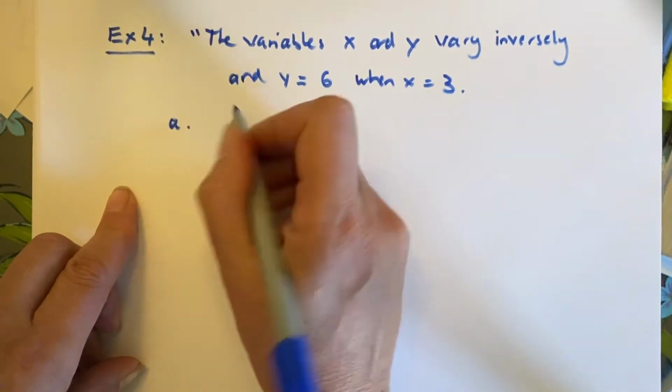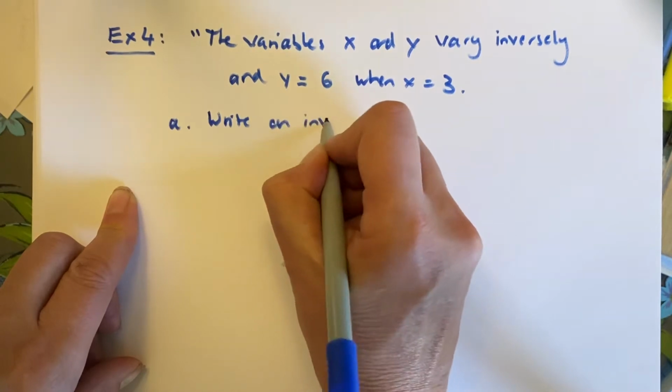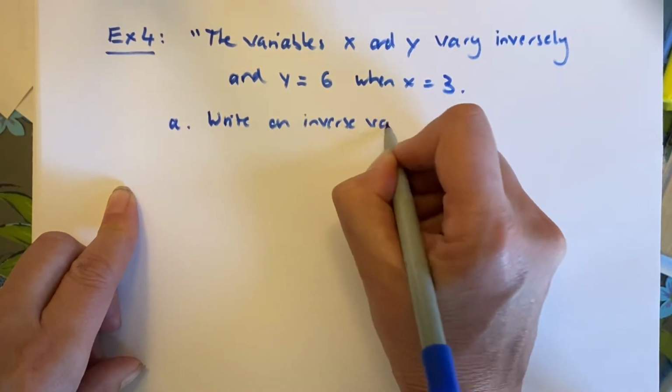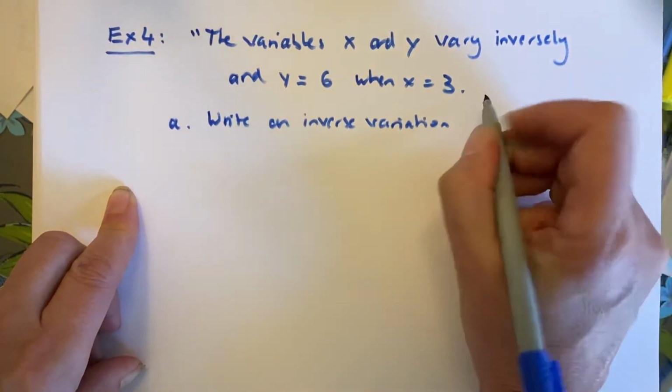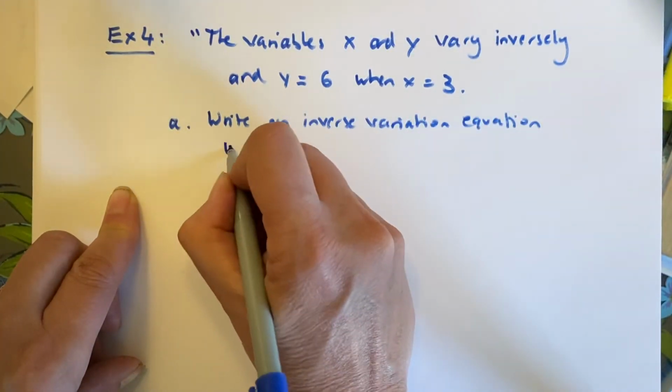And A states write an inverse variation equation which relates x and y.